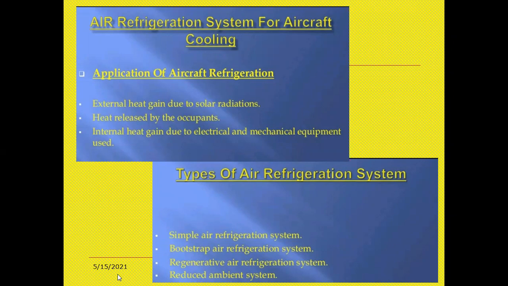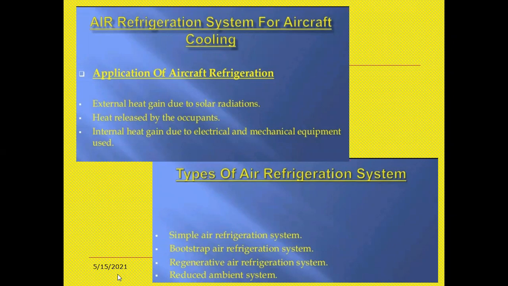If you see the air refrigeration for the aircraft cooling system, the applications are external heat gain due to the solar radiations. External heat is gained due to the solar radiation. Due to that solar radiation, the heat is gained.